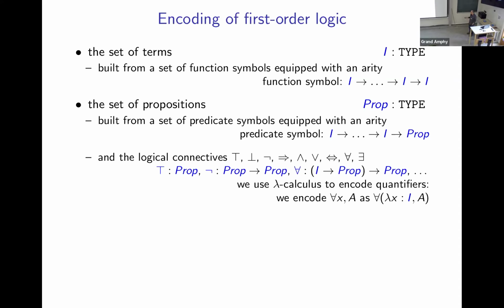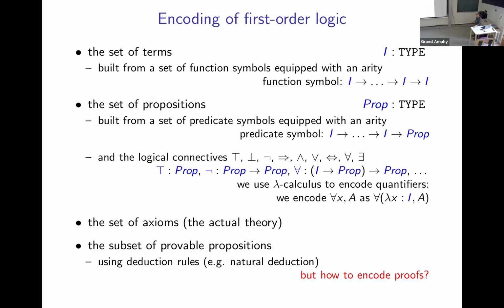And so a quantification like this, for all x A, can be represented as the application in the logical framework of some constant forall with this type here to a function that maps an element x of type I to the representation of the proposition. So here we move from first order to higher order, and we use lambda abstraction to represent the quantified formula.